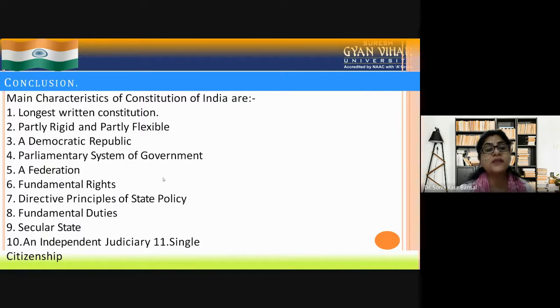It is a secular state. It talks about an independent judiciary and single citizenship in India. So this is all about an introduction of the Indian Constitution.